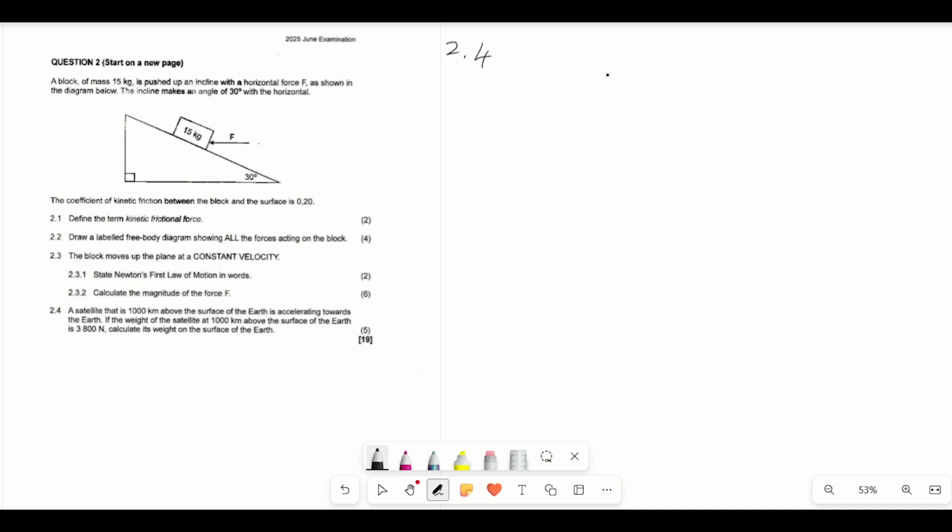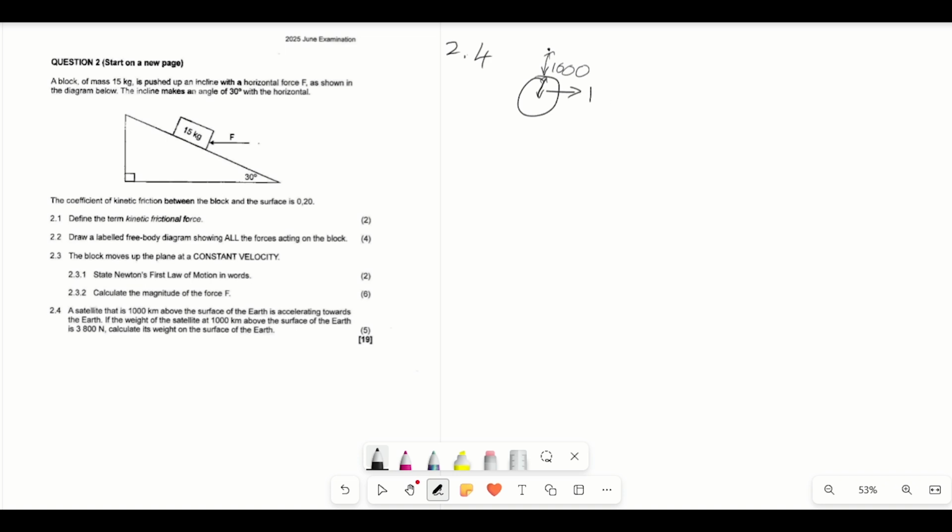So let's start off by drawing a little picture. So we have a satellite there, we have the Earth there, and the Earth has its own radius, and the distance between the Earth and the satellite is 1,000 kilometers.